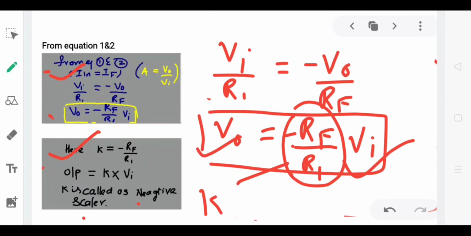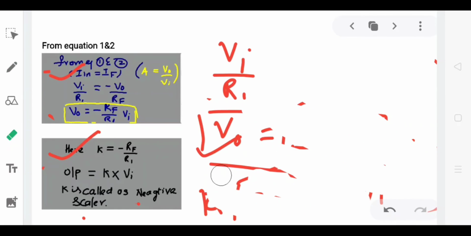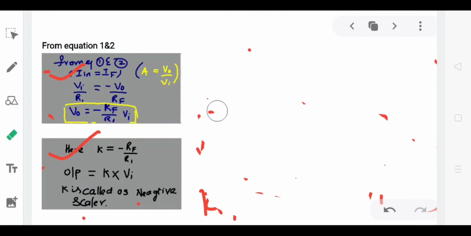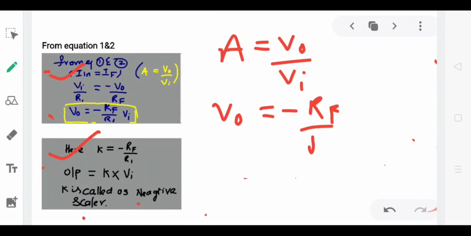Next, the output voltage is equal to some multiplier K into the input voltage. Next, the gain formula. In an inverting amplifier, gain is equal to what? V0 by Vin. Already V0 we get as minus RF by R1 into Vi.